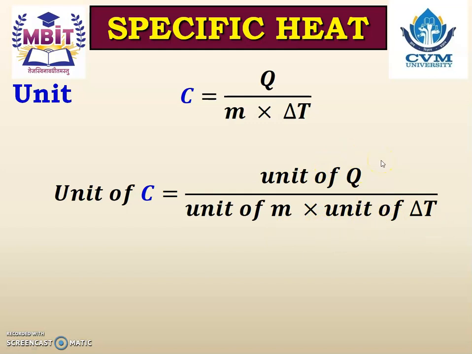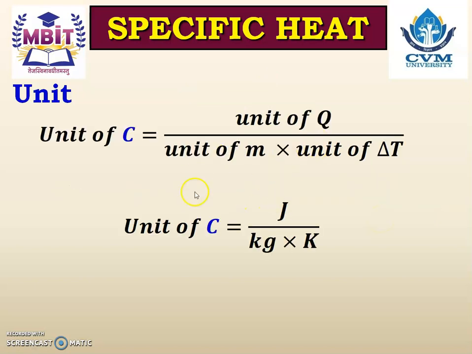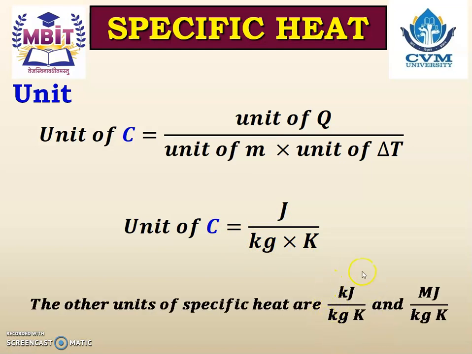It can be joule or kilojoule or megajoule. So let us write down joule. The unit of Q is joule, unit of M, that is mass, is kilogram, and unit of delta T, that is temperature difference, is Kelvin. So what is the unit of C, that is specific heat? Joule per kg Kelvin, or it can be kilojoule per kg Kelvin and megajoule per kg Kelvin.